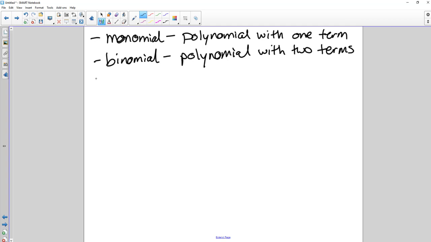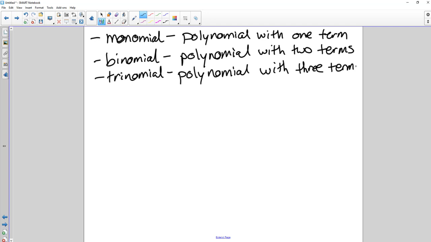And the last one that has a special name is a trinomial, which is a polynomial with three terms. So mono, bi, tri. After that, there's not a special name to them.